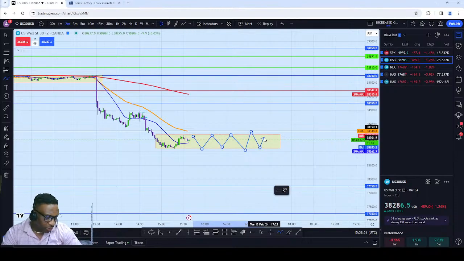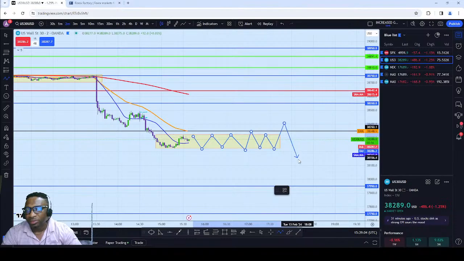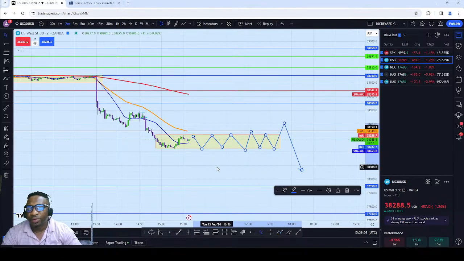If it has to continue downwards, you might find that it will do this, then pop out a bit, and then boom, off it goes. The same thing applies if it's going to turn upwards.